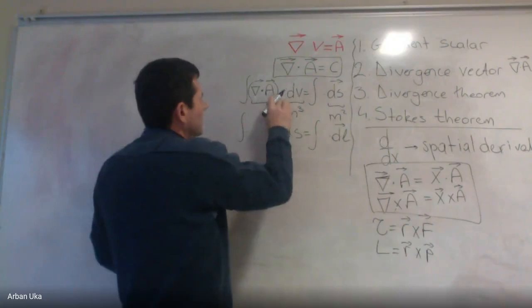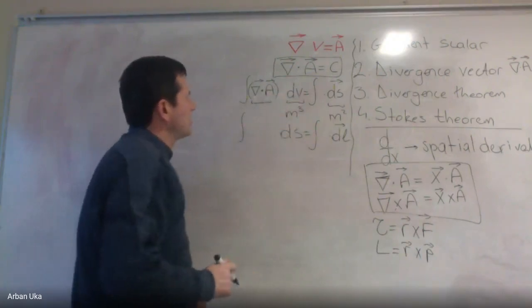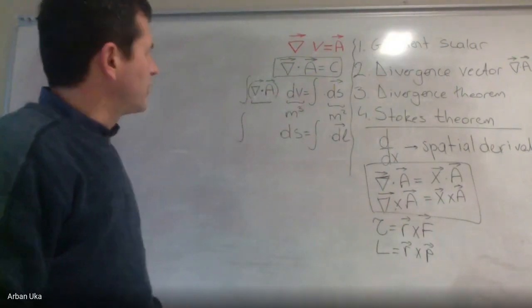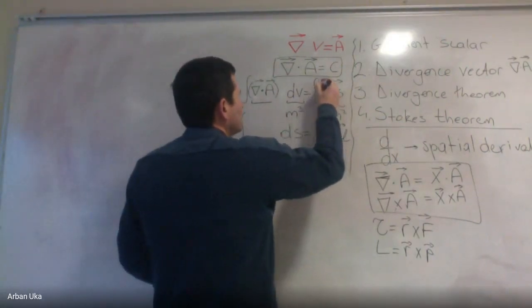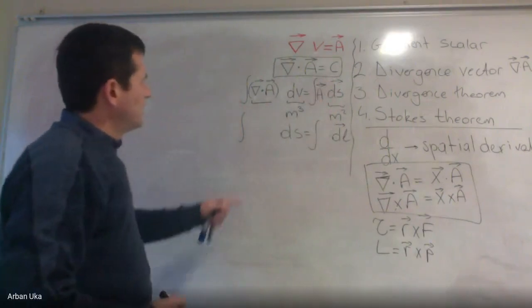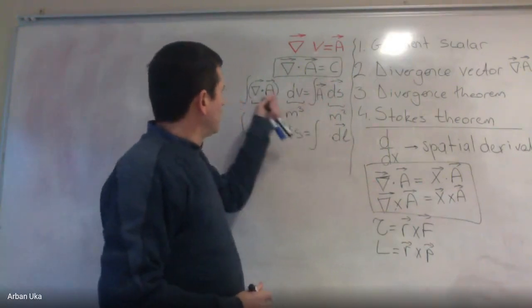Here is just the integral of a scalar quantity over some volume, and this should be equal to the A dot S, and then this goes in here.